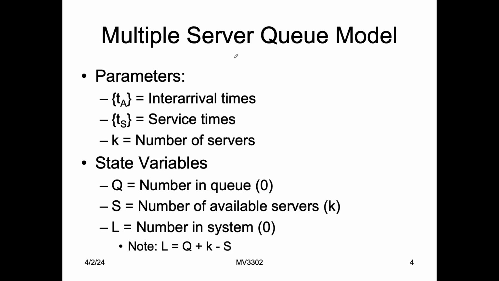So remember that a discrete event simulation model has 4 pieces. You have parameters, which are things that do not change throughout a single replication. You have state variables, which do change. Then you have the events, which define how those states change whenever the events occur.